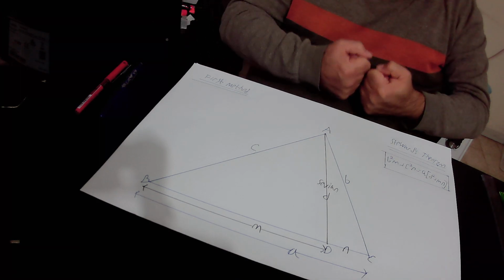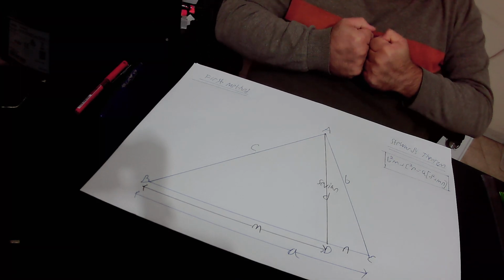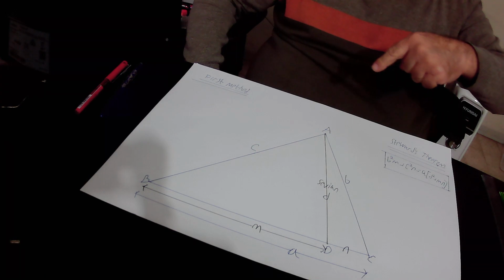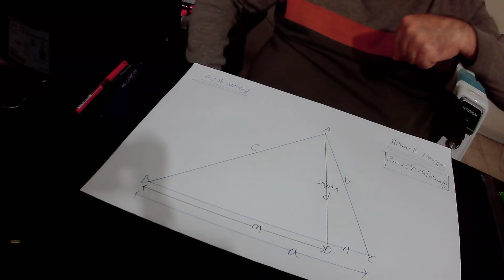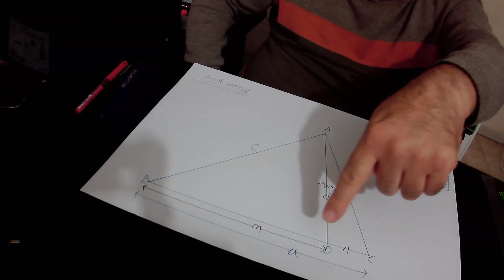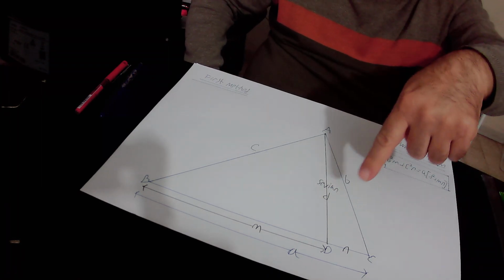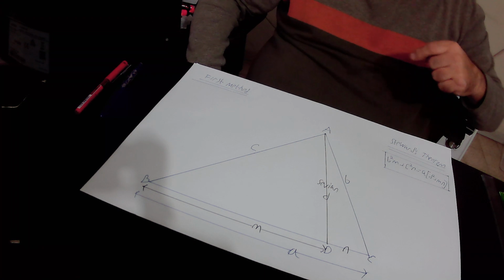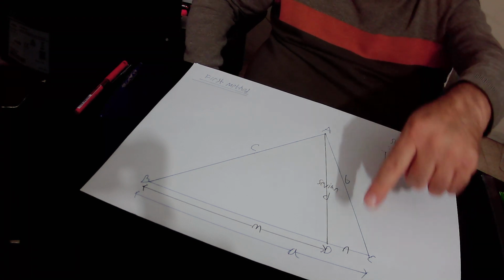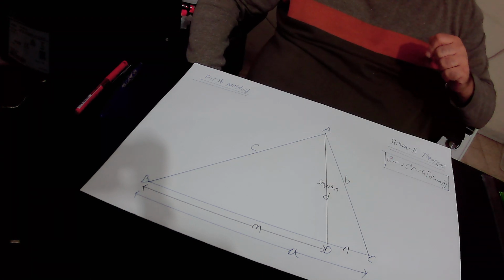So again, I repeat that Stewart's theorem yields a relation between the lengths of the sides in the triangle, here ABC, and the length of its cevian, AD, which is D units in its length.